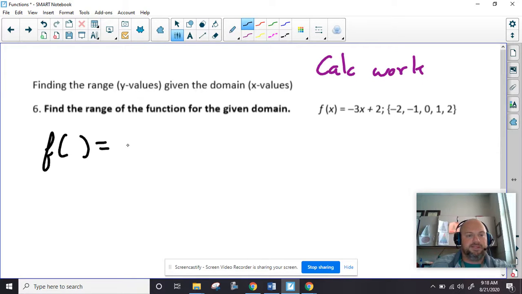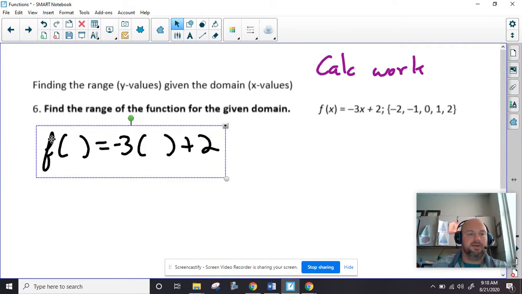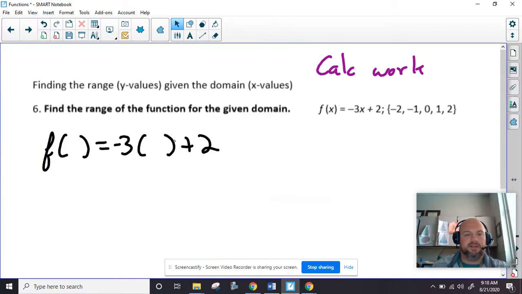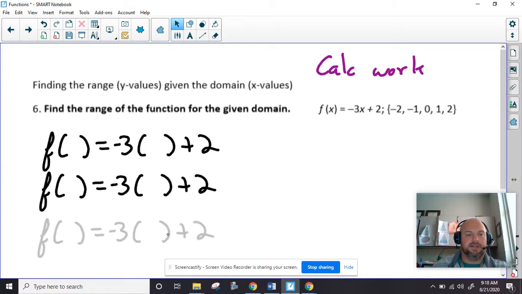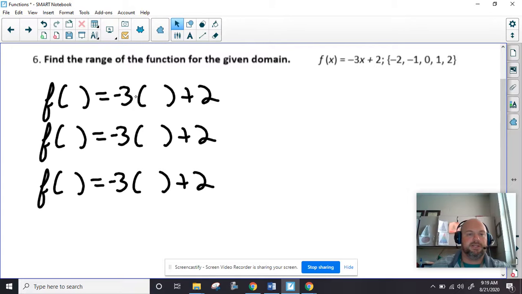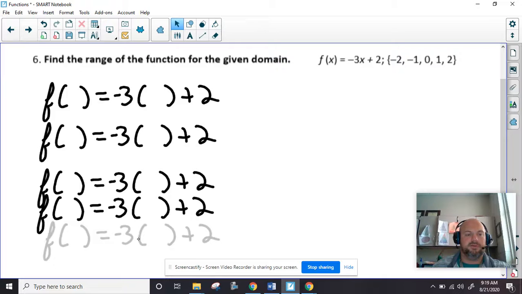I would have done this. It's -3, plus 2. All right. Now, of course, you know me, I'm going to cheat and use my infinite cloner here so I don't have to write it down every time. Now, I'm doing this for a visual representation. I don't expect you to do this unless you have to.